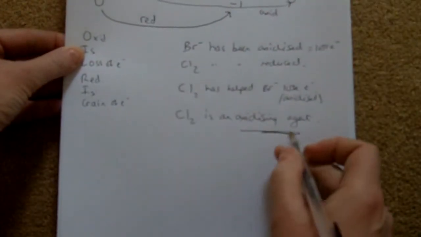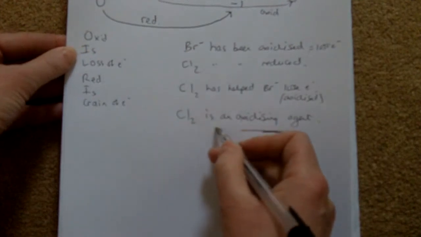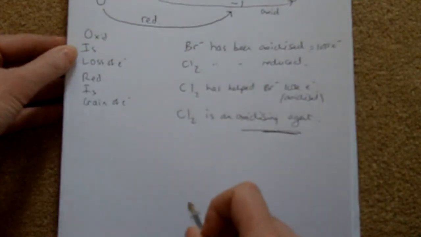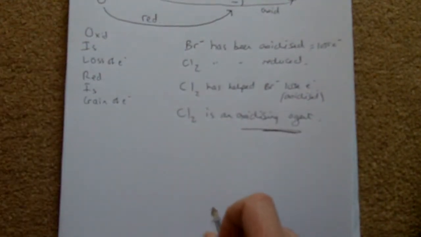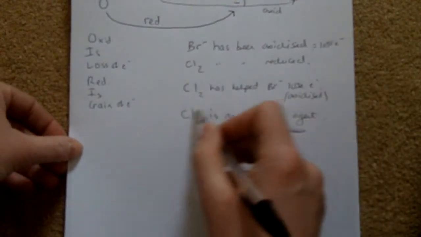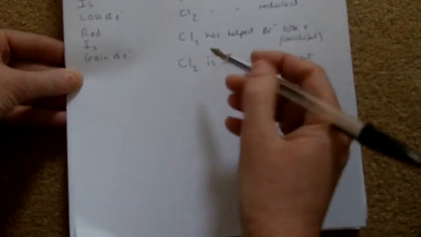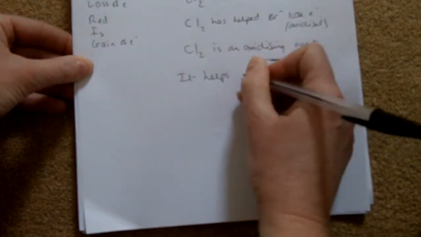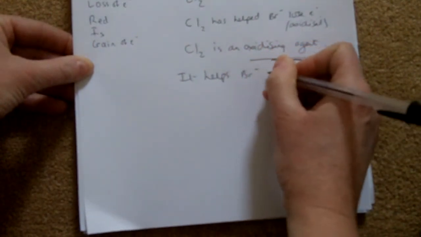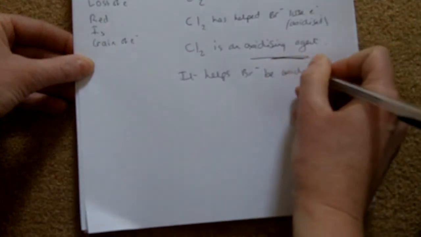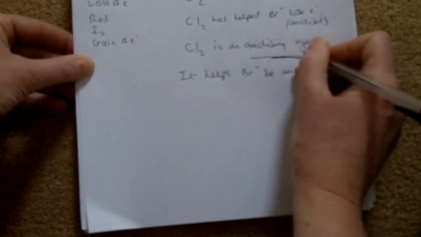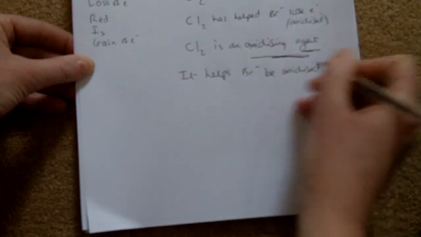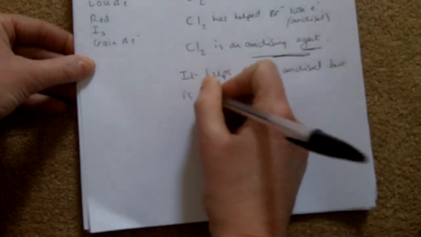So chlorine is an oxidizing agent because it is helping Br minus be oxidized. It helps something, but it itself is reduced.